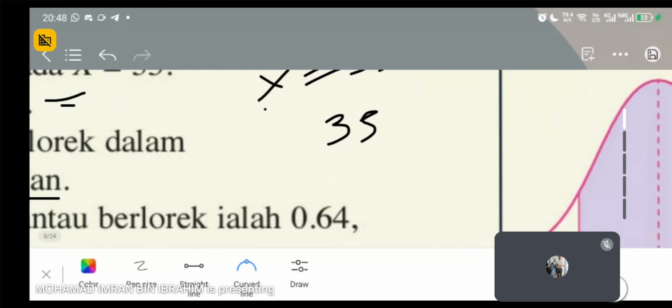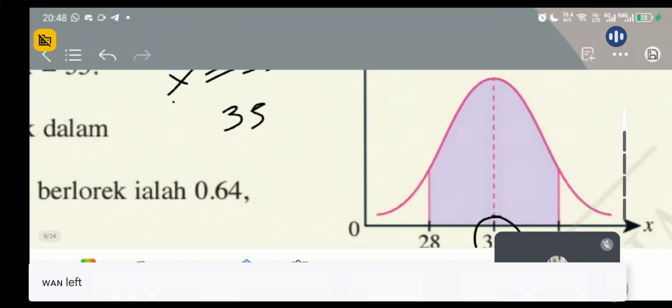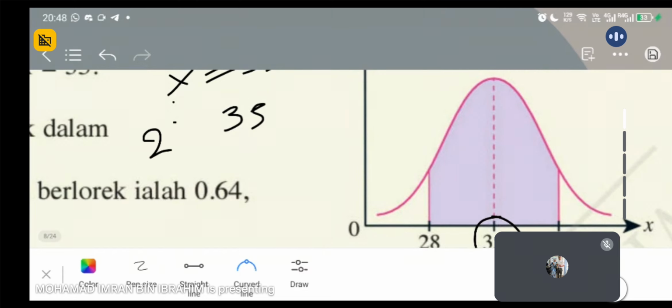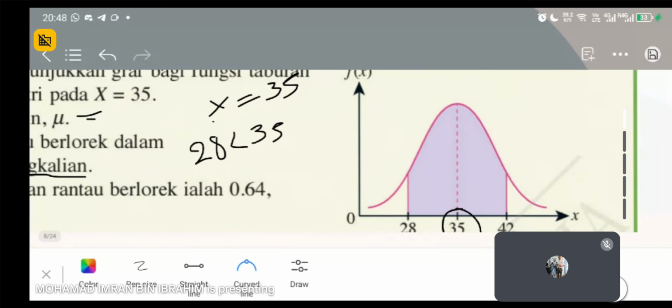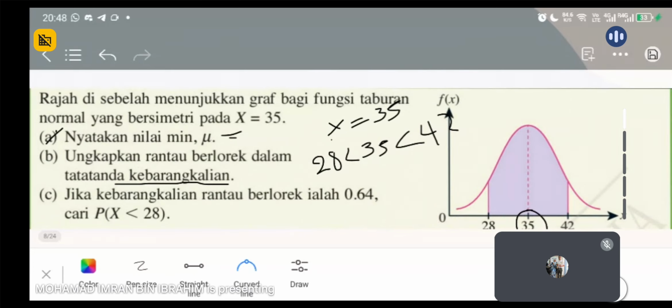So you see on the graph, 28 is less than 35, and over here you also say 35 is less than 42. But when they say express the shaded region in probability notation, this is not how you do it.